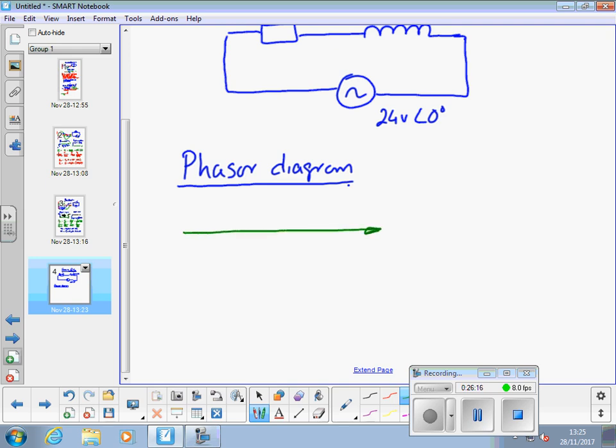We've got V, a reference phasor. That's fixed. There's only one voltage in the circuit. We've got volt drops, but there's only one applied voltage. And then we've got R.